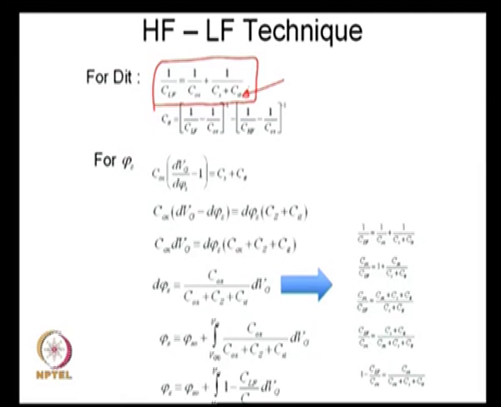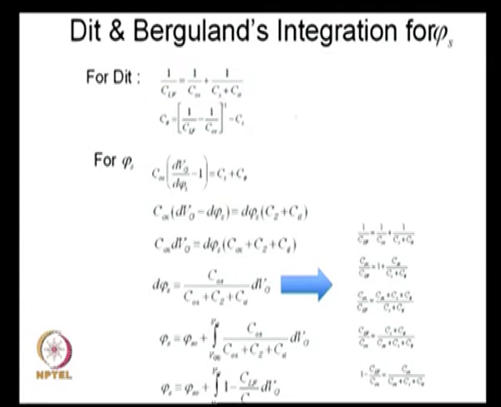So, how does one do that, assuming that you have just the low frequency capacitance? Do not worry about this equation, we will postpone the discussion on it for a minute. Let us just focus on this.